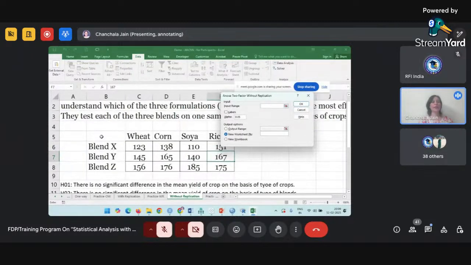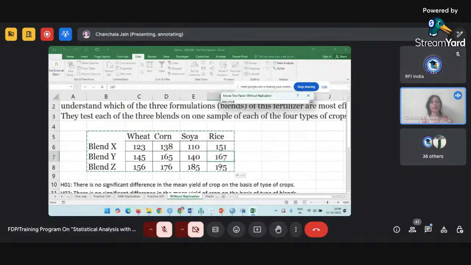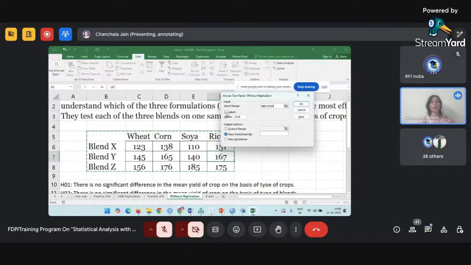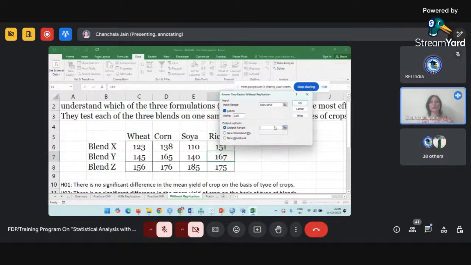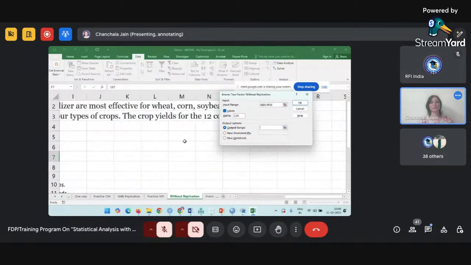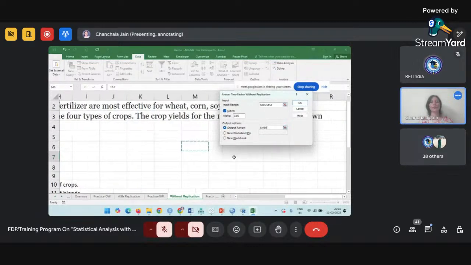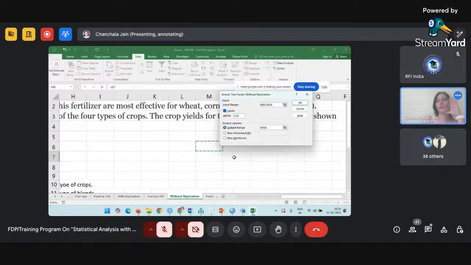There, you need to provide the range of your data. Labels is there in my data when I selected the data. Alpha value is 5% and output I'm generating in the same sheet. I think I'm all done, completed for getting the output. What about you? Can I click on OK? Yes, ma'am.